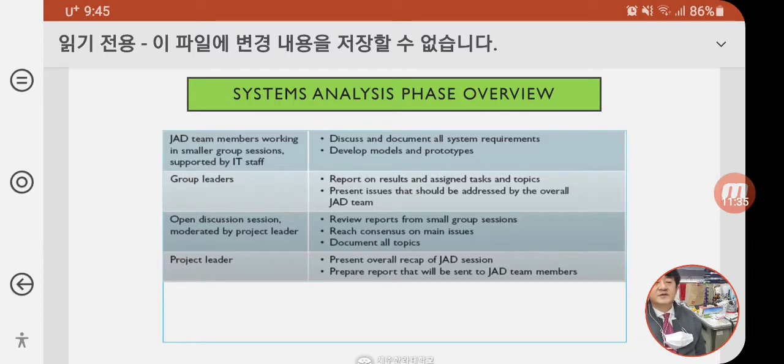And then an open discussion session is moderated by the project leader. The open discussion session reviews the main business processes, tasks, user roles, input and output, and breaks the team into smaller groups to study specific issues and assign group leaders.